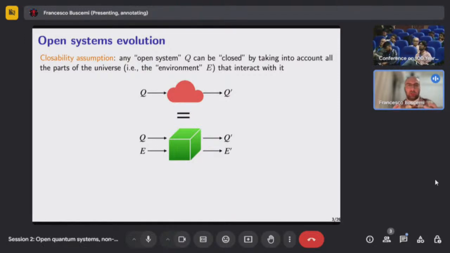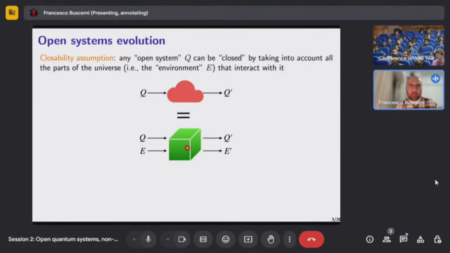Essentially, if you take into account the entire past cone of the system Q, you should be able to close your system. So the idea is that you start with some open dynamics, and you're able to close the dynamics by taking into account everything that interacted with the system, all right?